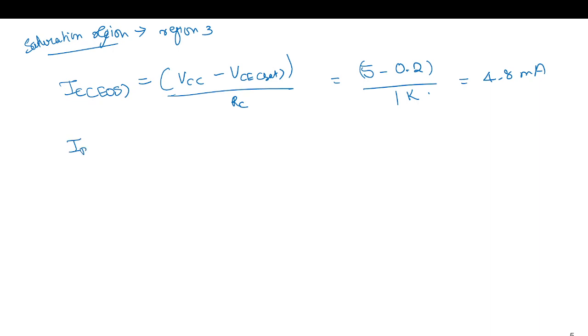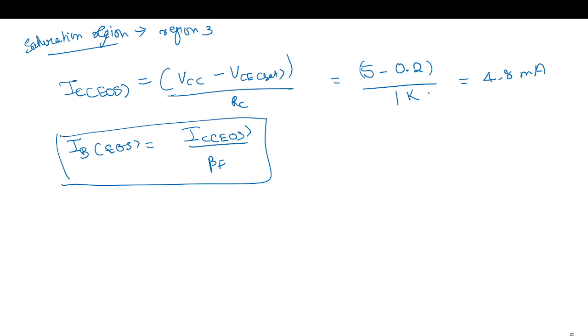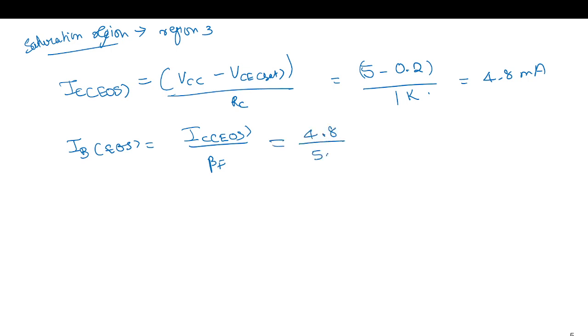And then IB at the end of this saturation will be IC by beta. In the saturation region, IB is IC by beta F. So it is 4.8 upon 50, if you assume beta to be 50.